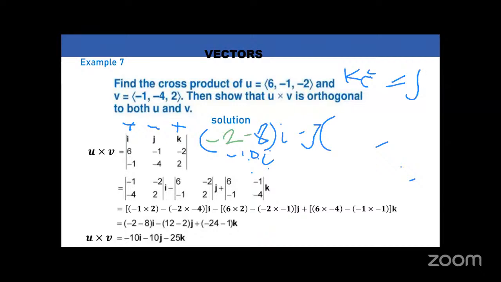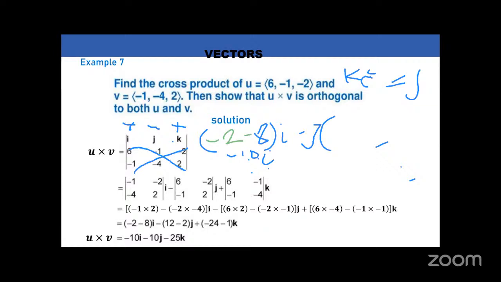So I'll multiply this and this to give me a j. Diagonally, this way and this way.